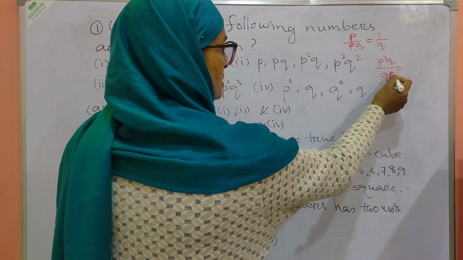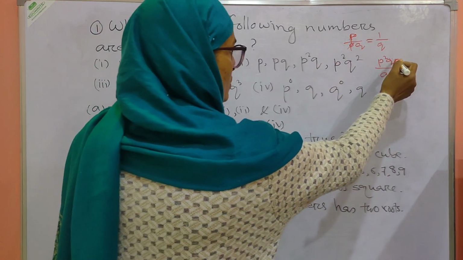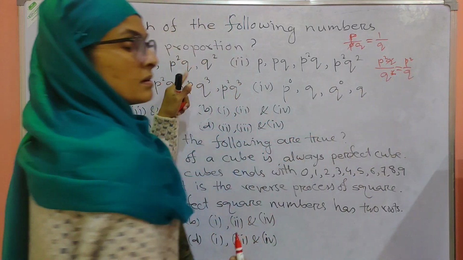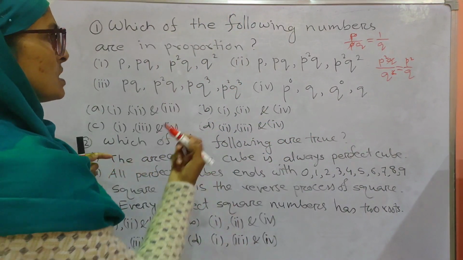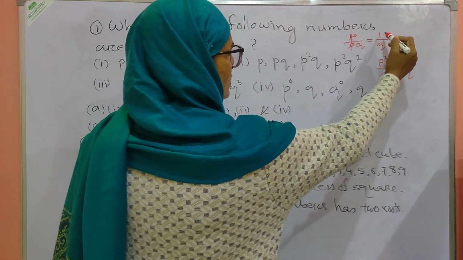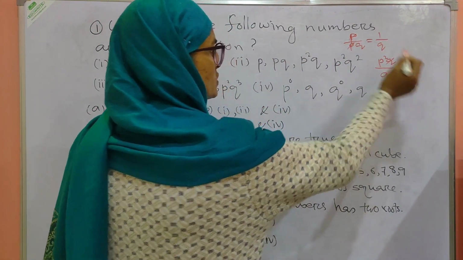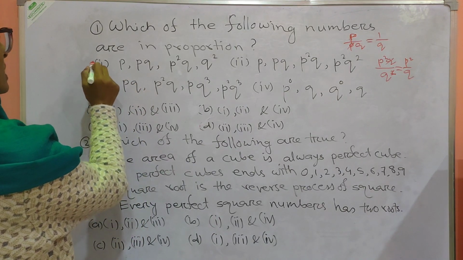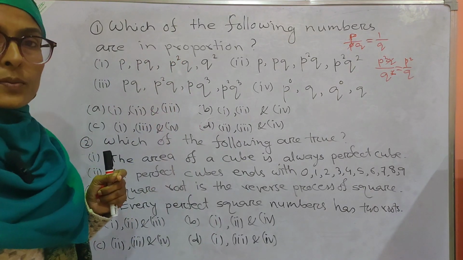Here 1 Q, here 2 Qs, 1 cancels. That means the answer is P square by Q. So 1 by Q is not equal to P square by Q. So this number one is not in proportion.